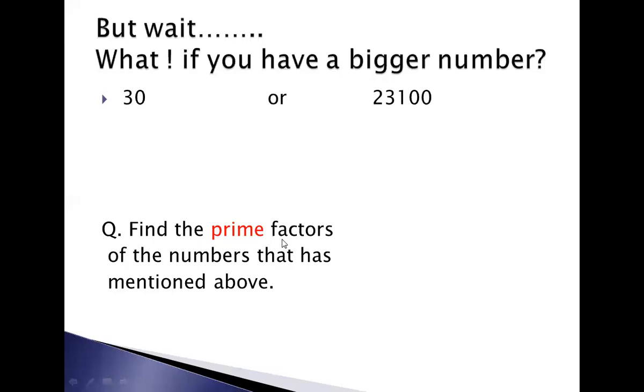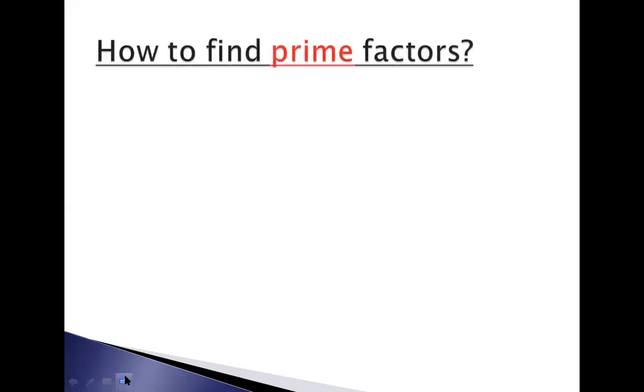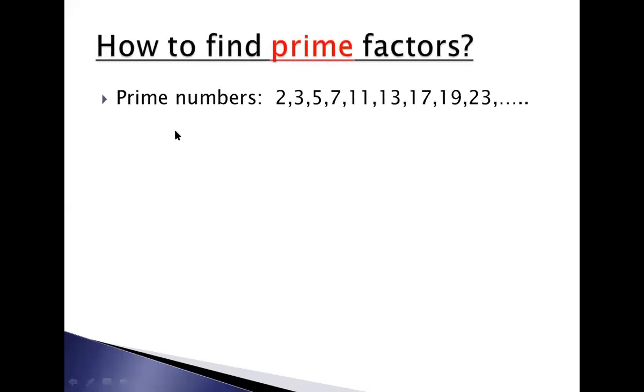It means you are not going to find only factors, but your factors should be prime. So first of all, you should know what the prime factors are. How to find prime factors? For prime factors, you will only choose prime numbers.